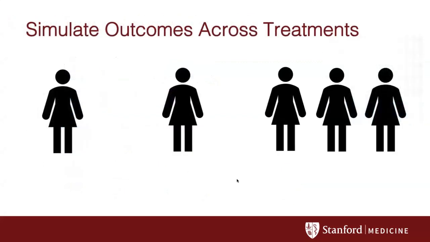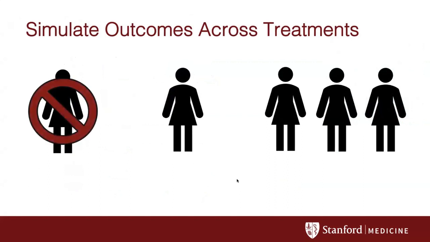And so what we're really trying to do is simulate outcomes across treatments for an individual patient. So for example, I might have a patient and I want to say, okay, what happens to the tumor in this patient, or the disease in this patient, whatever it is, if they have no treatment at all? That's my one scenario.